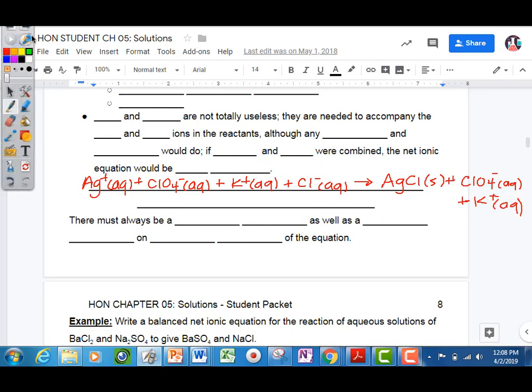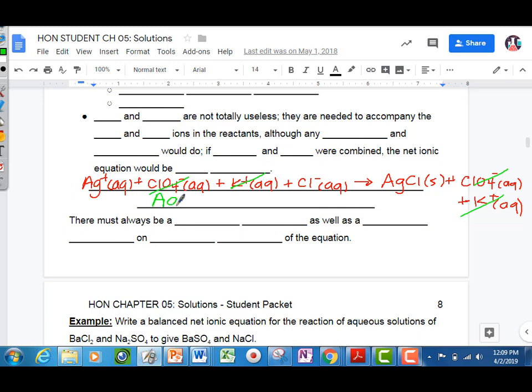So again, if I look at my reaction and cross off the things that are aqueous before and after, I'd be crossing off the perchlorate and the potassium before and after, and I'm left with the same net ionic equation: Ag+ plus Cl- produces AgCl.